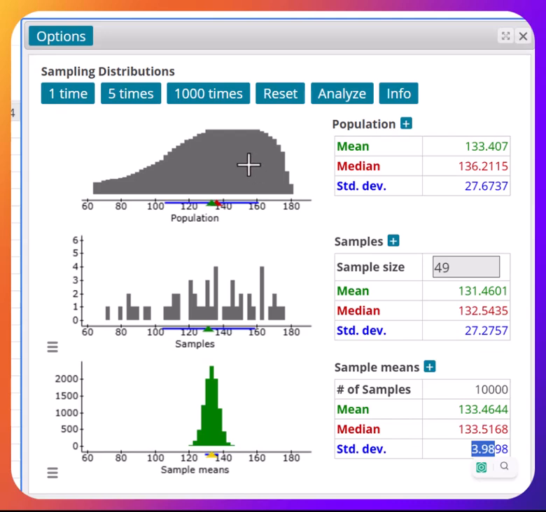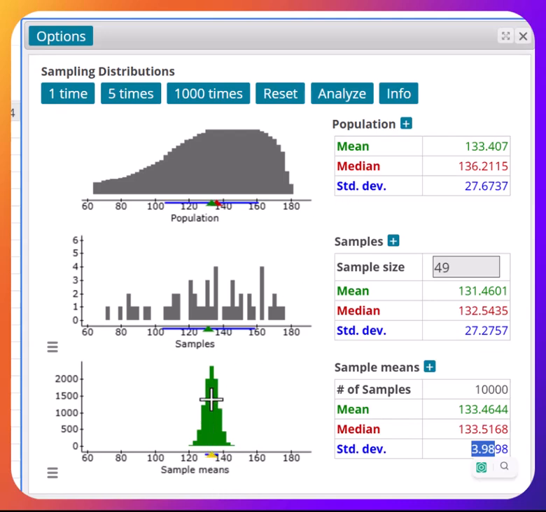In other words, guys, the central limit theorem says the sampling distribution of the sample means will be bell-shaped if the original population is bell-shaped, is normal. The mean of the sampling distribution will be the same as the mean of the original population, but the standard deviation will not.